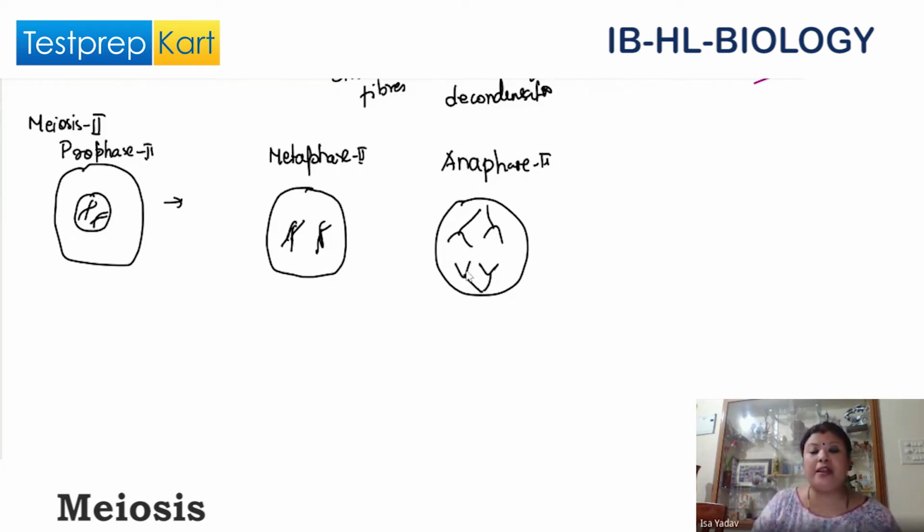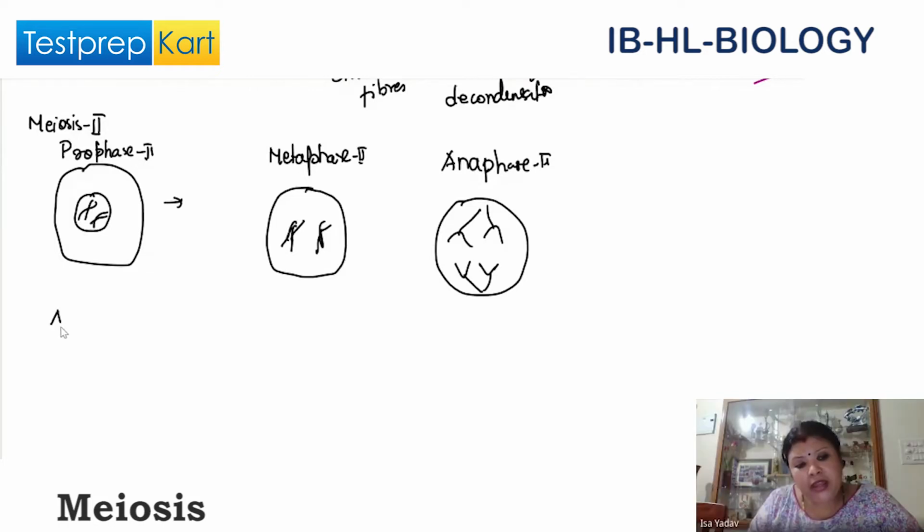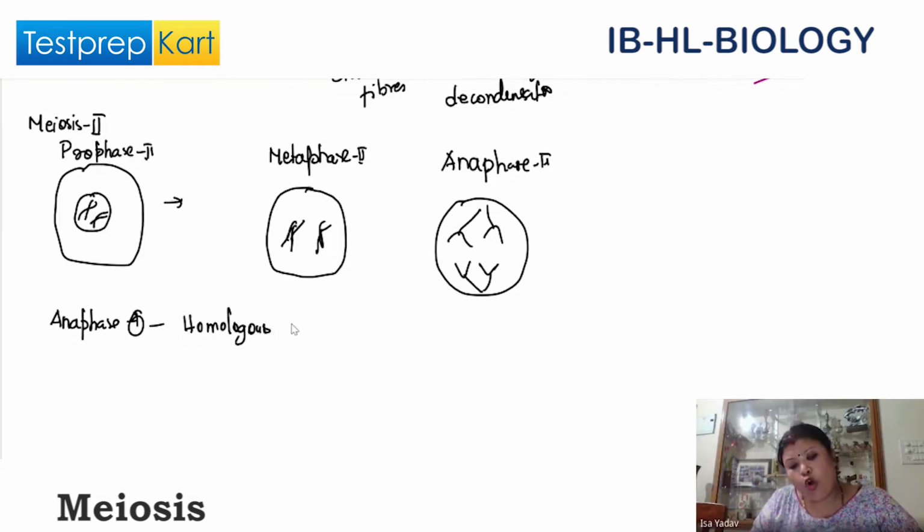In anaphase 1, homologous chromosomes separated.